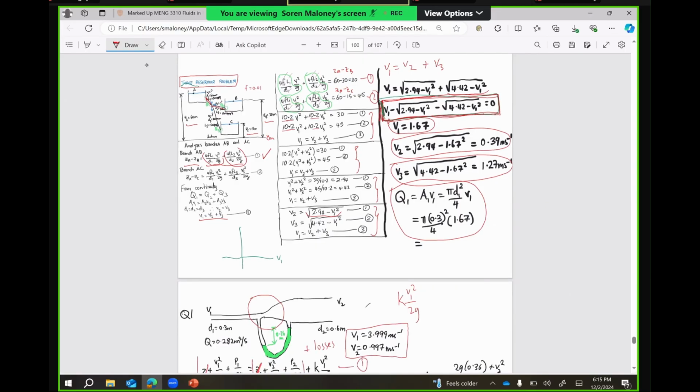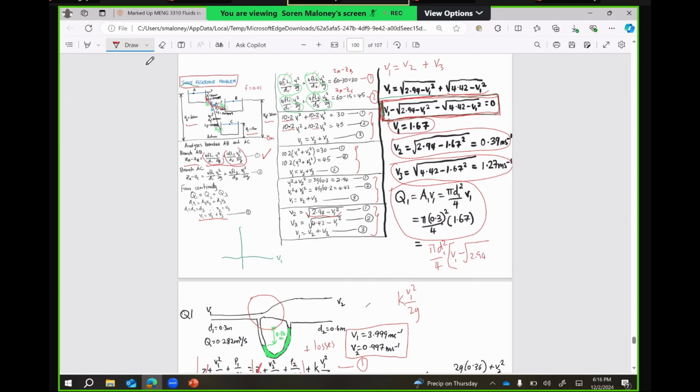So if that was the case, you would basically take this A1 V1, and basically you'd be pi D1 squared over 4 by this entire expression up here, by this V1 minus square root of 2.94, right?